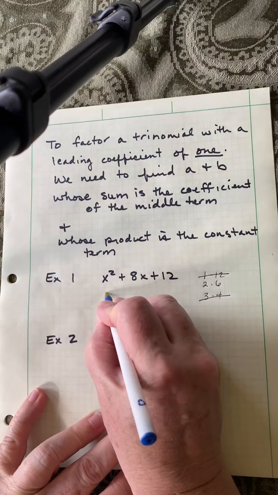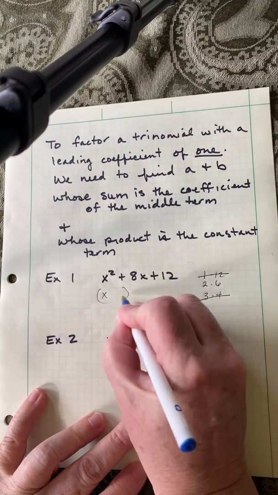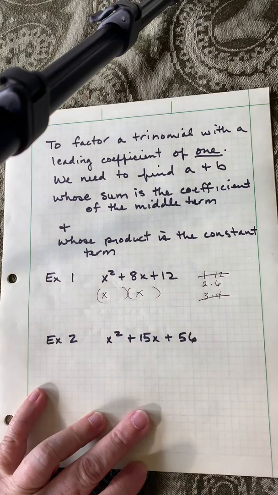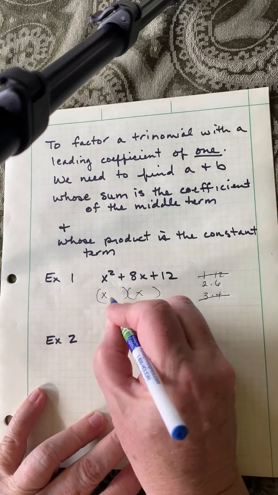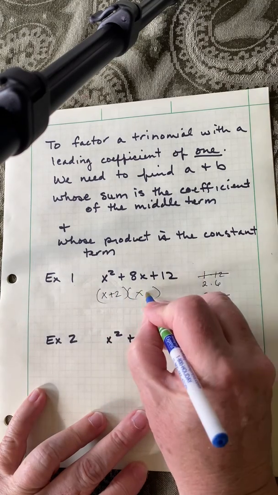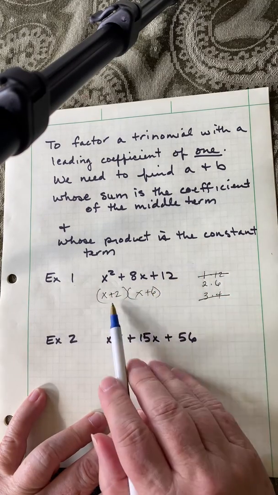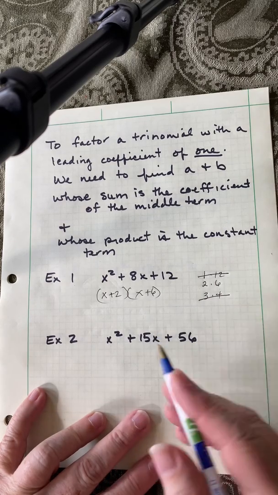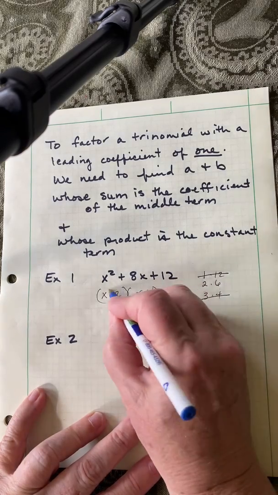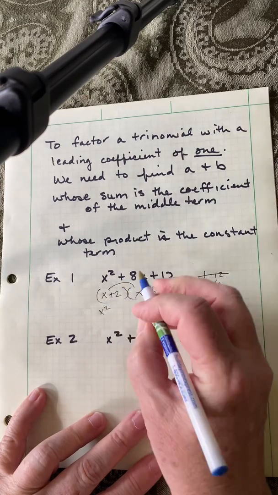So when I go to do this, I go x, like that. Okay, so this is my template. All that I do is take those two numbers and put them right here. And I could have put the 6 up here and the 2 back here. It doesn't matter. Okay, well, let's check this to make sure it worked. X times x gives me the x squared.